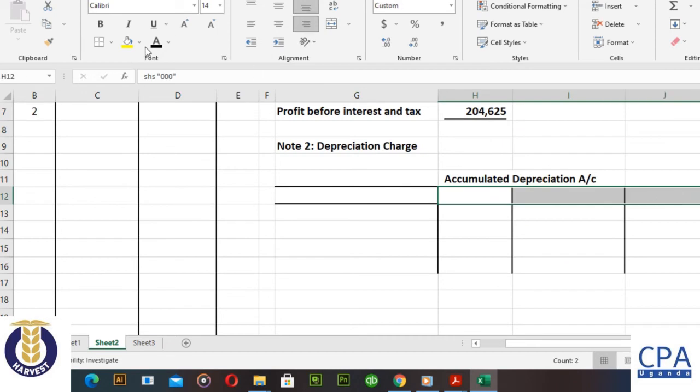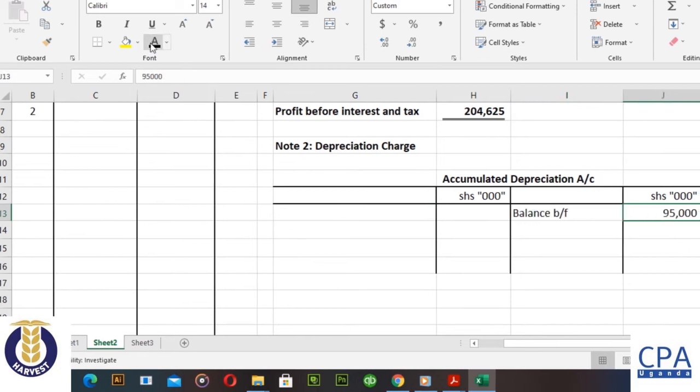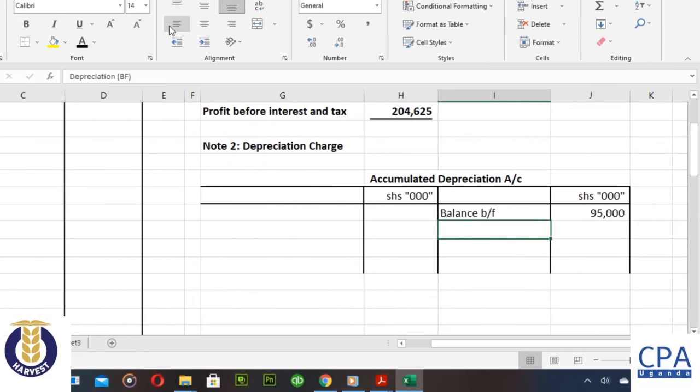So the shillings are in thousands. Accumulated depreciation has an opening credit balance, and when you look at our question, that is the 95. Then we have the depreciation that we are going to balance off. It's going to be our balancing figure. Then we are given that there was a disposal.